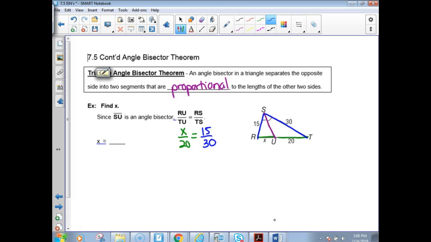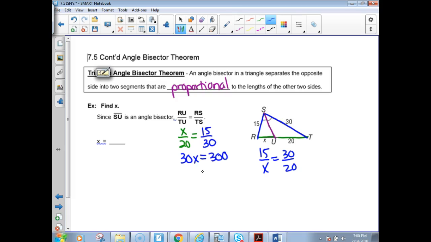Now, just like I said on the last problems, you could do what you see here as a fraction. You see 15 over X there? You can do 15 over X equals, and then go up here, 30 over 20. That works too. Notice I still have 30 and X across from each other, and we get 30X equals 300.